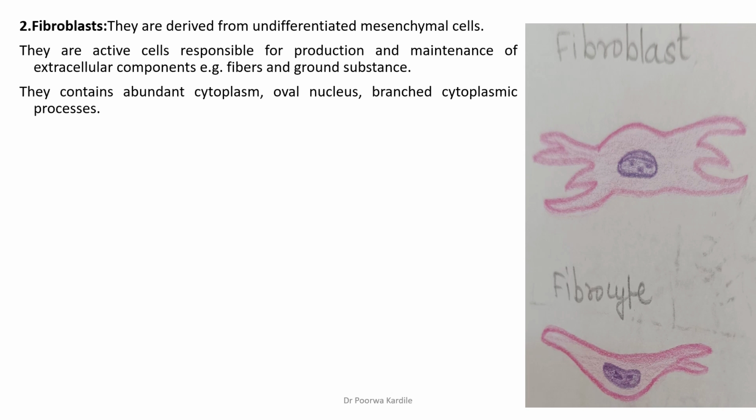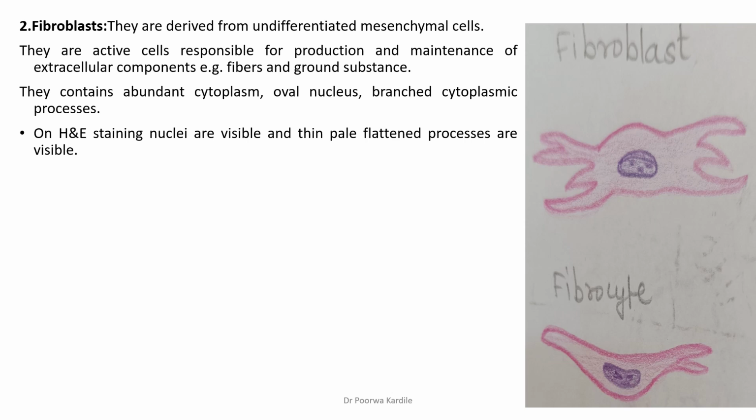They have an abundant amount of cytoplasm, an oval nucleus and branched cytoplasmic processes, as shown in the first figure. On H&E staining, thin, pale, flat processes are visualized, and we can also see violet nuclei in them. These are more active during wound healing, as they help in the healing process.